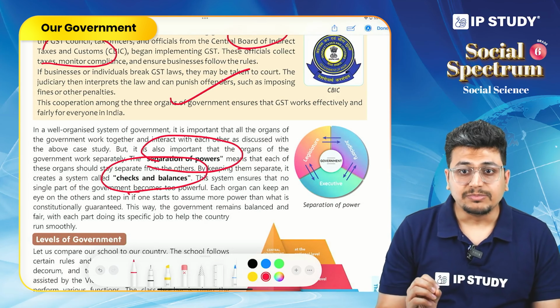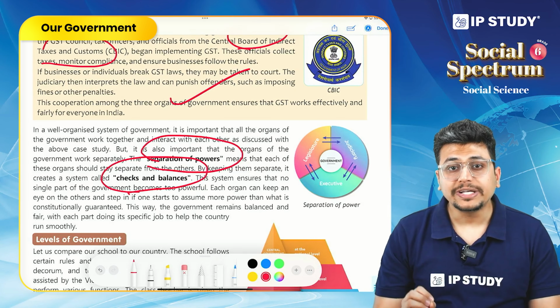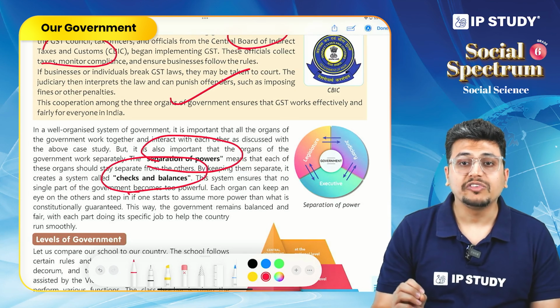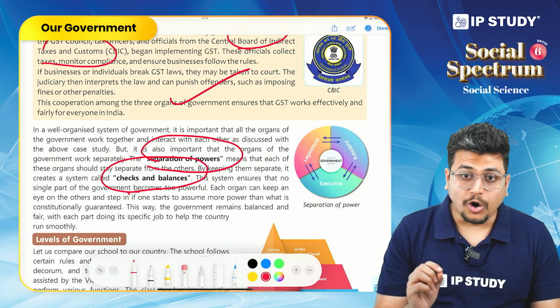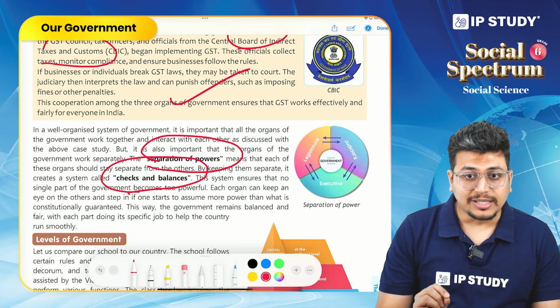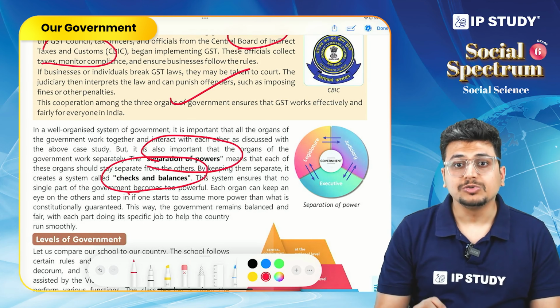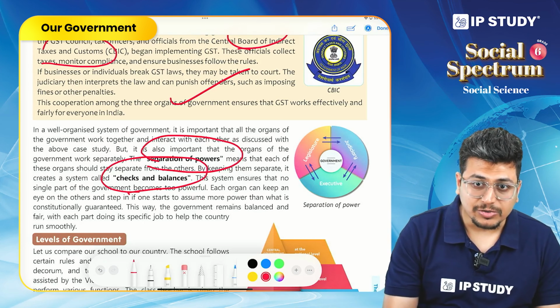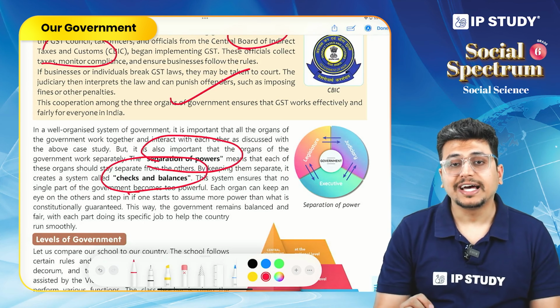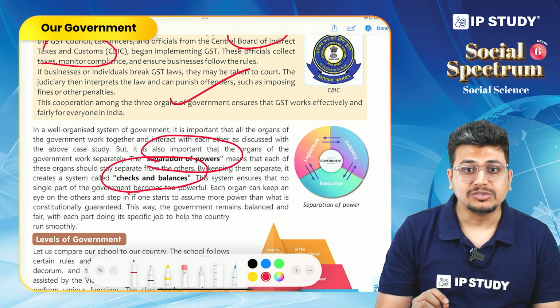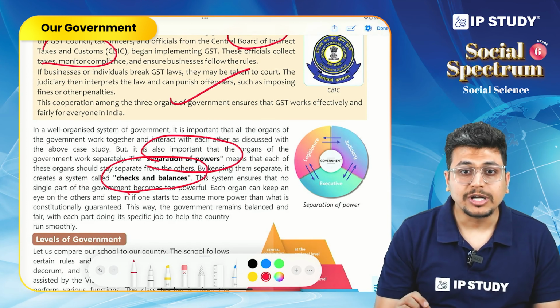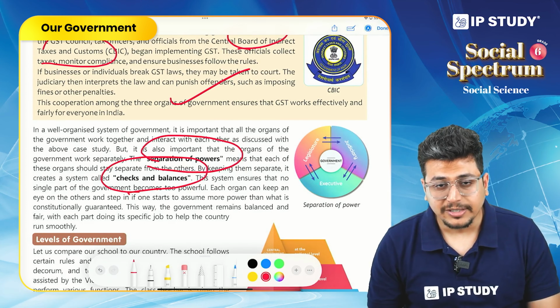And because they are well defined, they do not interfere in the functioning of each other. They all know what they have to do. Legislative knows that it has to frame the laws. Executive knows that it has to implement those laws, and judiciary knows that it has to punish the offenders, basically those who are not following the law, right?